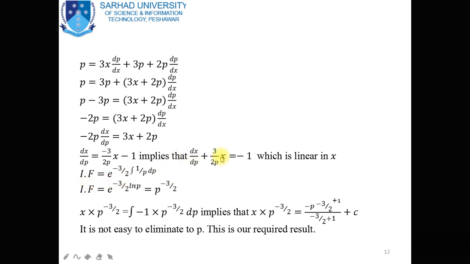Now x is the dependent variable, so the coefficient is the P function in the general form of the linear differential equation. So 3 divided by 2p.